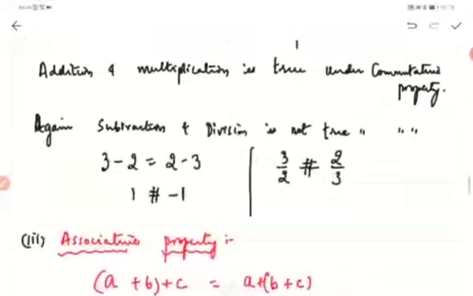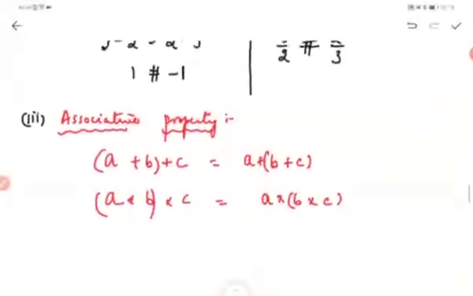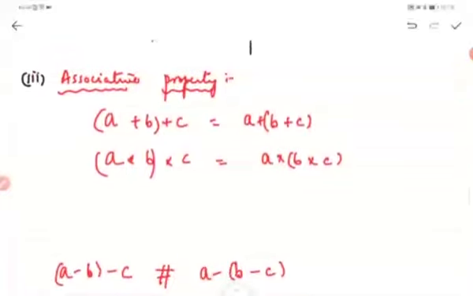Okay, so let's see now associative property. What is associative property? Basically, associative property is the shifting of parentheses or brackets. See here, you have a plus b, plus c.